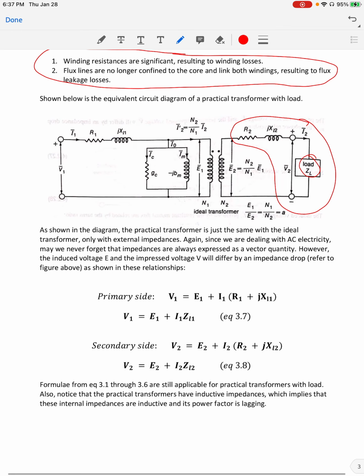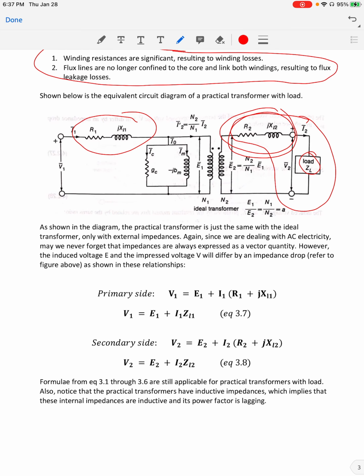The induced voltage E or EMF and the impressed voltage V will differ by an impedance drop, as shown in equations 3.7 and 3.8. What causes the impedance drop are these for the primary side and these for the secondary side. That is why E and V are not equal.